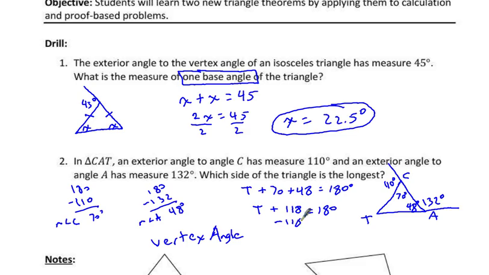Subtract 118 from both sides of the equation, which is 62 degrees, equals the measure of angle T.